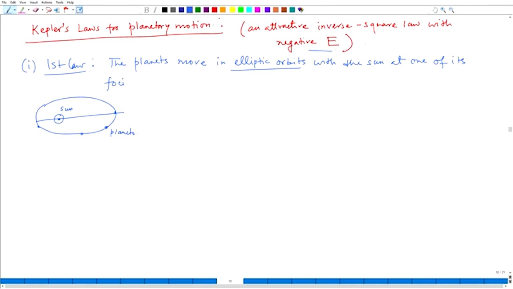Okay. And the second law simply said the radius vector of a planet sweeps out equal amount of area in equal time.